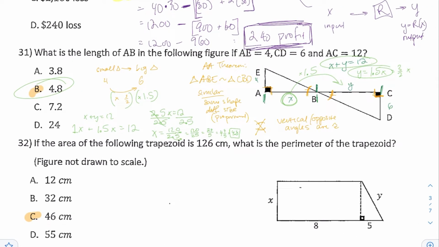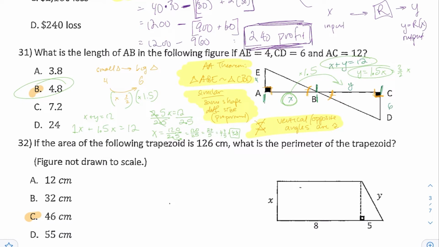So for this question, you have to use the similarity here through the AA theorem, the angle-angle theorem, which means that you have the same shape but different size. And we figured that out because you have vertical angles here and this 90-degree angle, which allowed you to determine that these two triangles are similar.